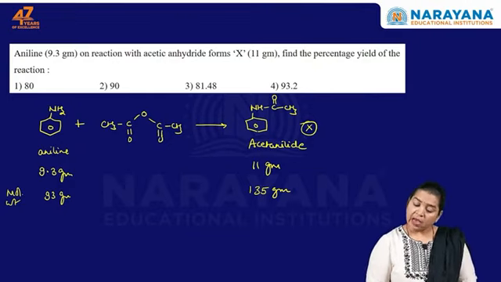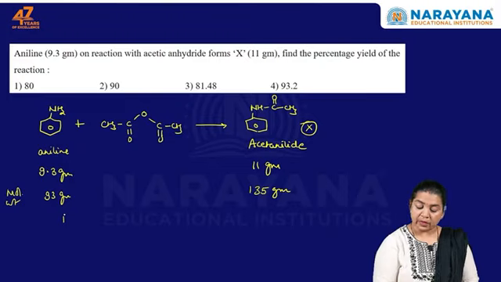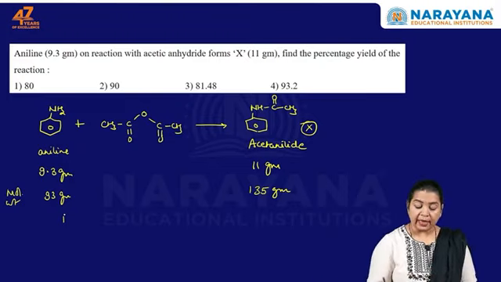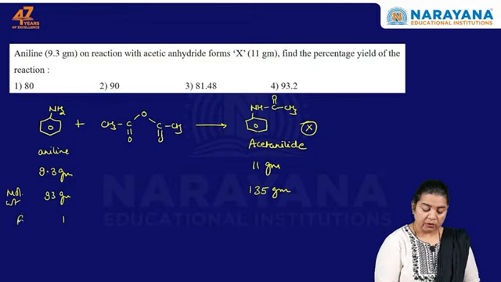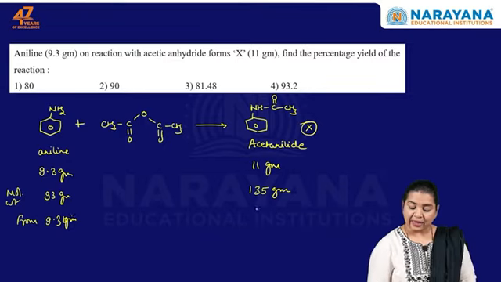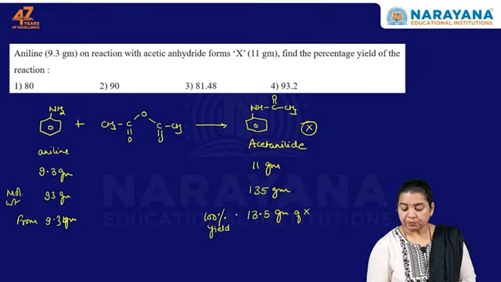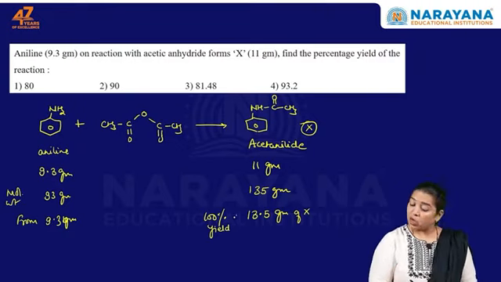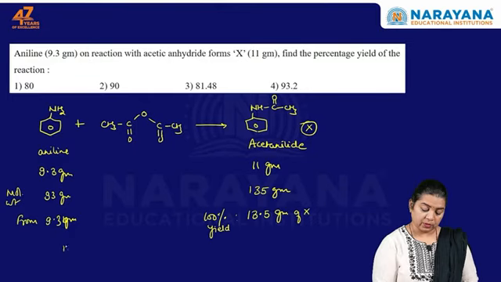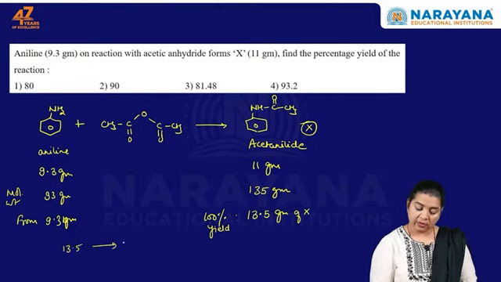If I would have obtained 100% yield, then from 9.3 grams of aniline, I can expect 13.5 grams of X only when the yield is 100%. Correct. Now, we are not obtaining 13.5 grams. If 13.5, then my yield was 100%, but I am obtaining only 11 grams.